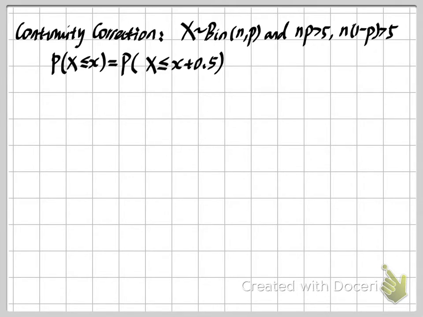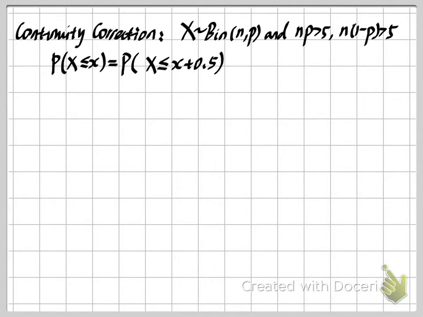For example, if I want to compute the CDF of our binomial random variable at a value small x, that means I want to compute the probability of capital X smaller or equal to small x. Then we will enlarge this to the probability of capital X smaller or equal to small x plus 0.5.